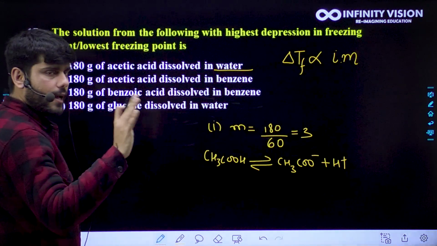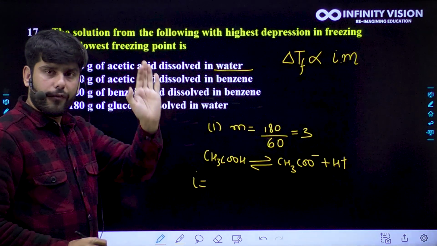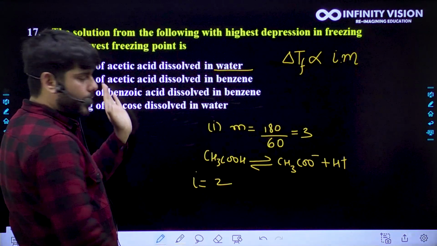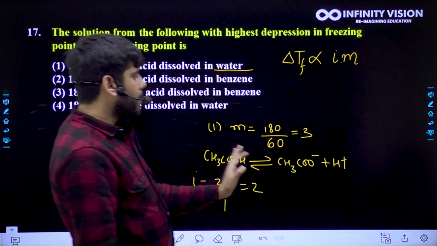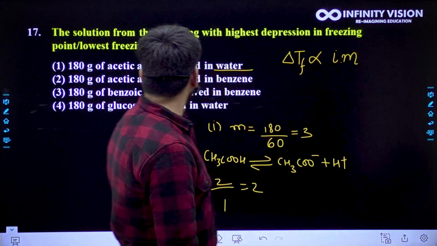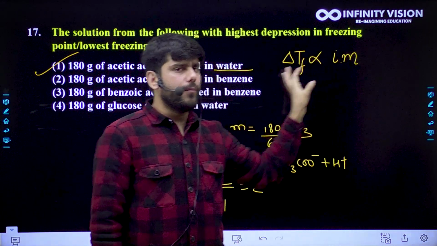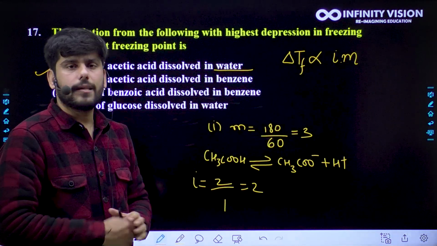We can calculate i in this manner also: it is the total number of moles after dissociation, that will be 2, divided by the total number of moles before, that is 1. So it is greater than 1. If you put the values over here, we will see that in the first one, the product of i into m will be maximum, and hence the first one will have the highest depression in the freezing point.